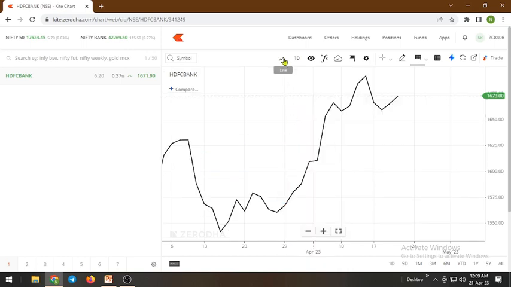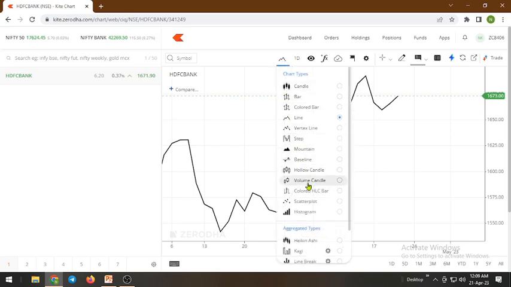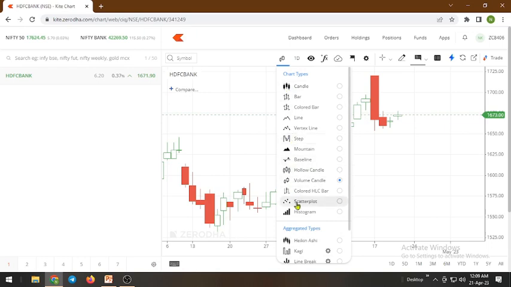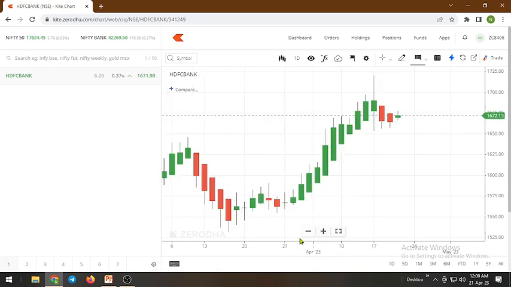This is the volume candle that we discussed, and here is the Heikin-Ashi chart. This is a bit easy: if you have a doji candle followed by a bullish candle, you can take a trade and ride the trend until you see a bearish candle, and you can close the trade here. Anywhere, you will see a similar kind of pattern.